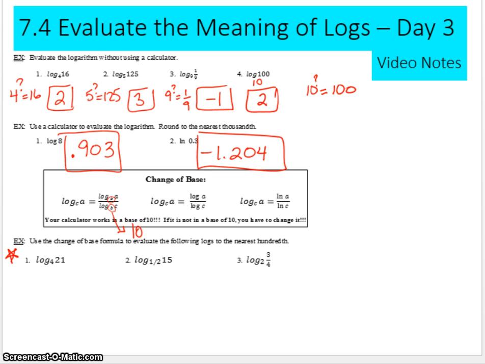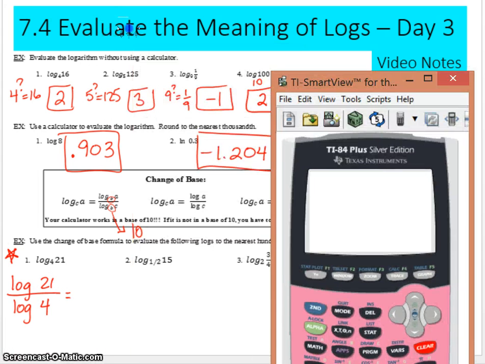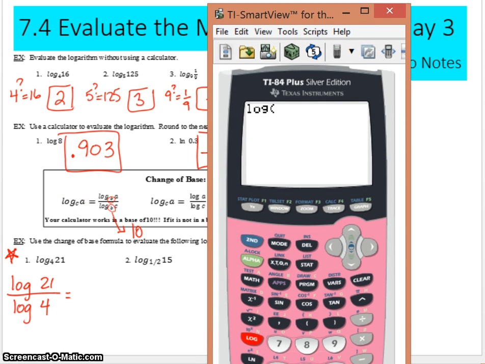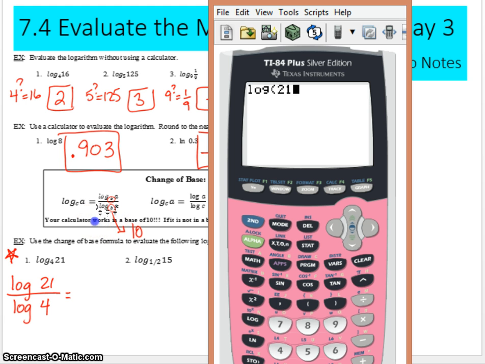So in number 1, we're going to do log of 21, so log base 10 of 21 over log base 10 of 4. When you type that in the calculator, you want to make sure it will probably open up parentheses on 21, and you'll have to close that. So you're going to type into your calculator, which I'll bring mine over here, log 21, and you need to end the parentheses, divided by log 4.